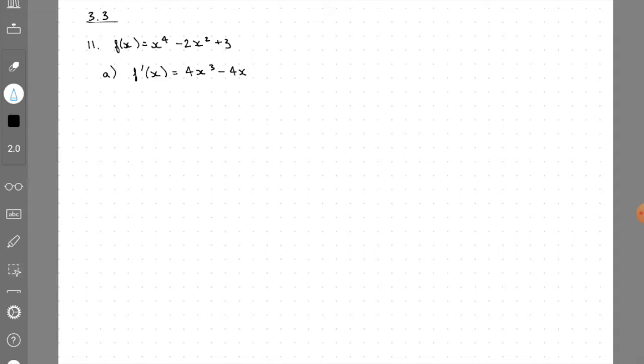Now we want to know when the derivative is 0. We want to know when the slope is 0, because those are going to be our critical numbers, our critical points. So to find the critical points, we want to know when f prime of x is going to be 0. Well, notice we can just factor a 4x out.